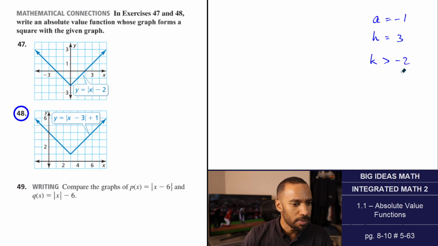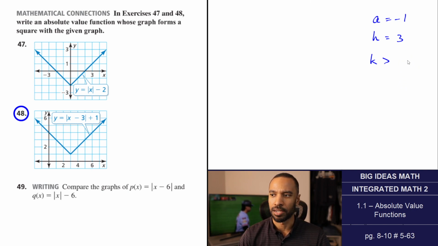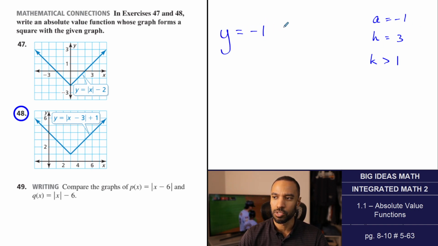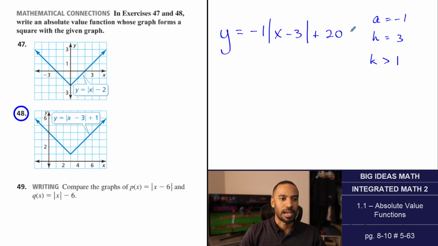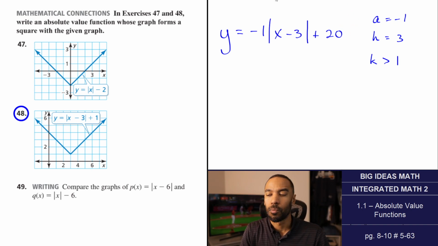And the k has to be greater than, it looks like, 1. It needs to be above that. So these are the only parameters. So, for example, I can do y equals -1 times the absolute value of x minus 3 plus 20. And that should be able to make a square when that happens. Okay.